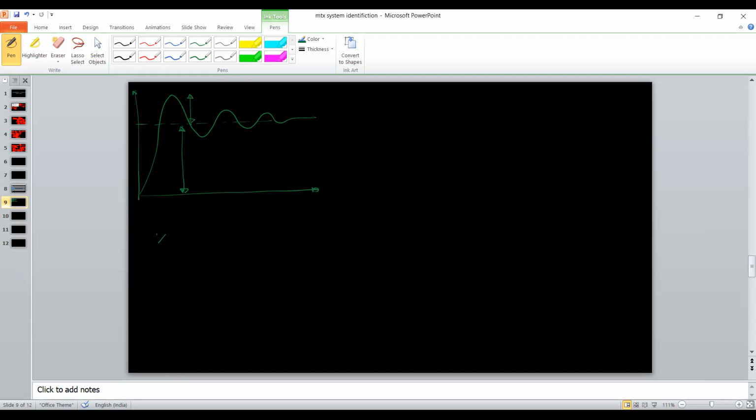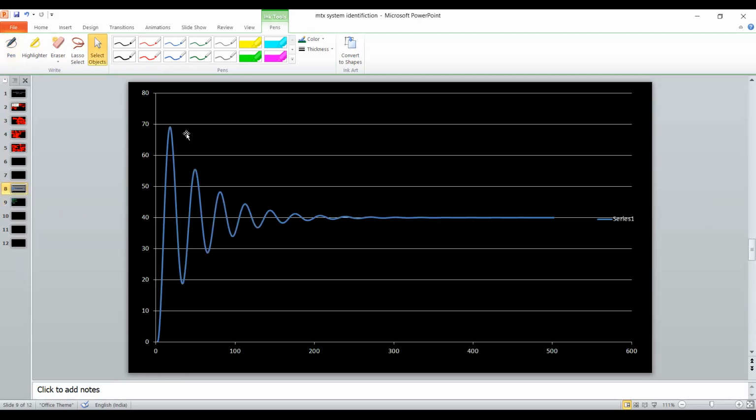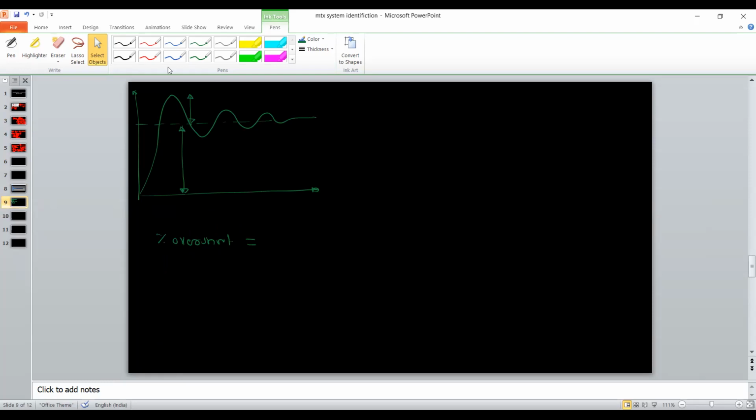So percentage overshoot is equal to, from the graph, this value is 69, 68.8, okay, and this value is 40, that is a steady state value. So this is (68.8 minus 40) divided by 40.